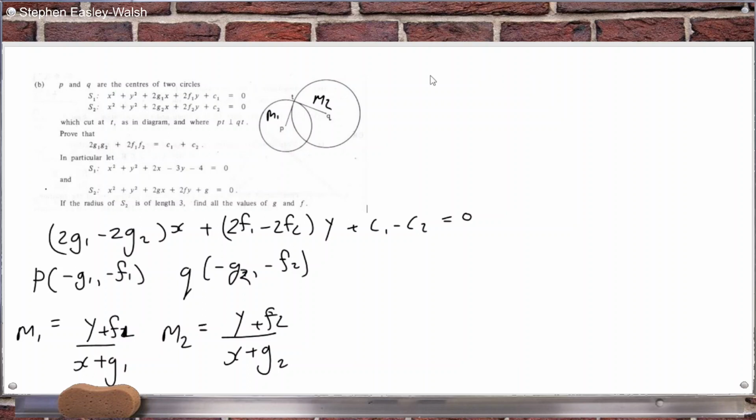So you have y plus F1 over x plus G1 times y plus F2 over x plus G2 equals minus 1.